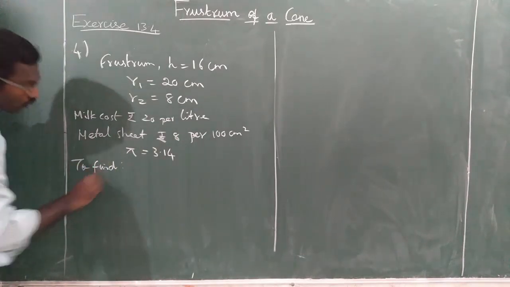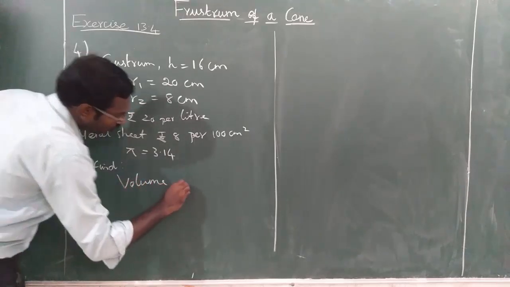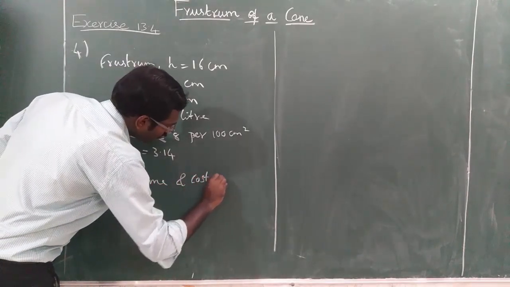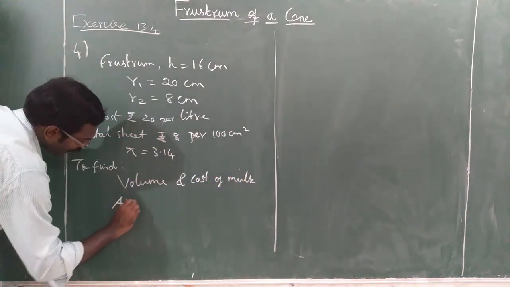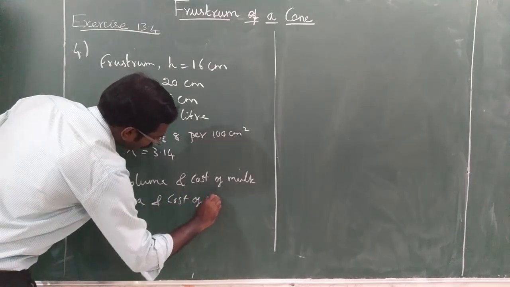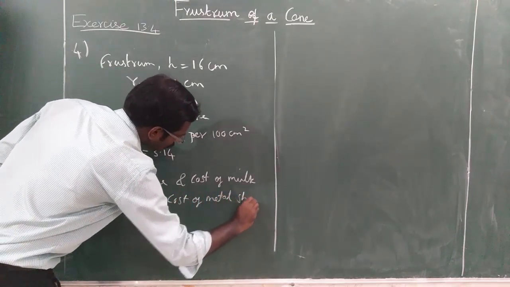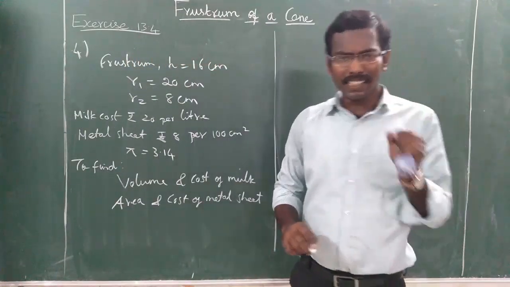So first what you have to find? First you have to find the volume, volume and cost of milk. Then you have to find area and cost of metal sheet. They won't mention everything directly, you have to understand.